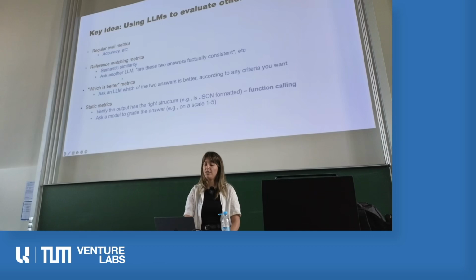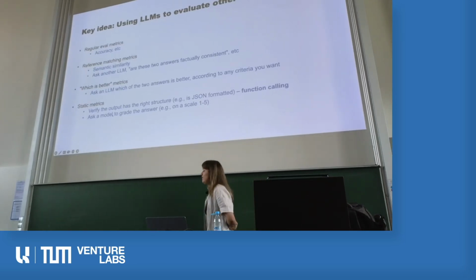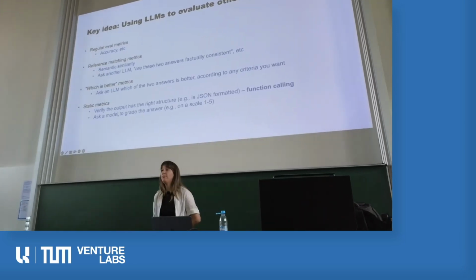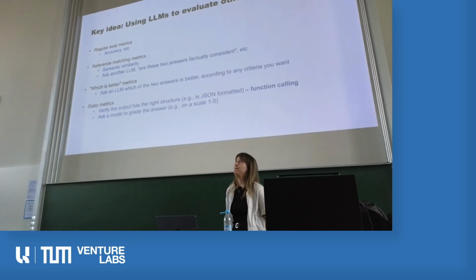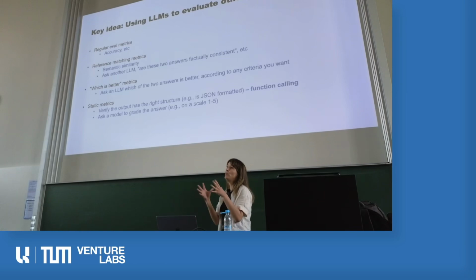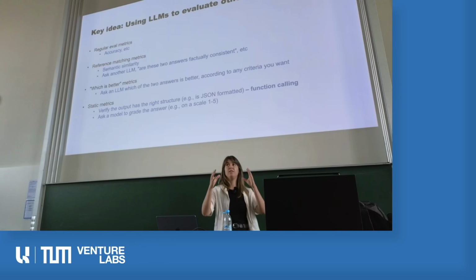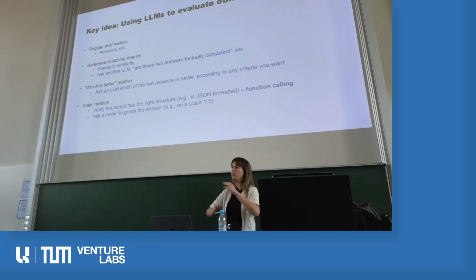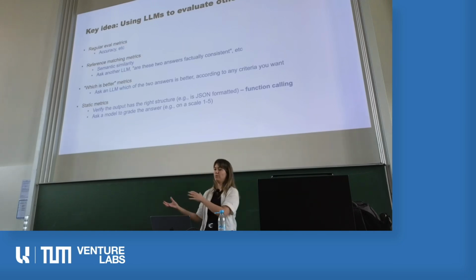Other cases are these basically static metrics. I wanted to highlight this because when developing real-based applications, what is important is that you want to control the output. For my use cases, I have tons of different nodes with prompts, and each prompt gives me an answer that I will use in the other prompt.